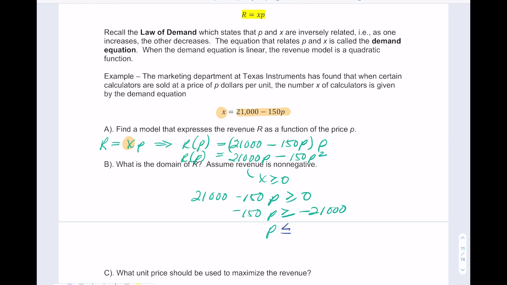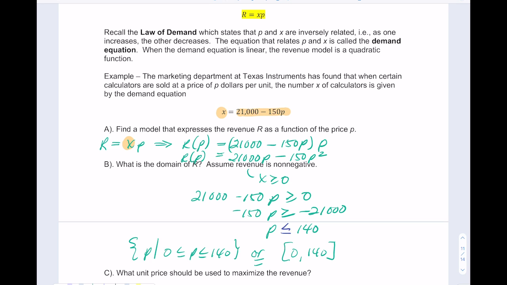Negative 21,000 divided by negative 150 is 140. So that's your domain, which basically says in set notation, P such that P has to be between 0 and 140. The smallest number of units sold would be no units, 0, all the way up to 140. And in interval notation, you would write it like this.